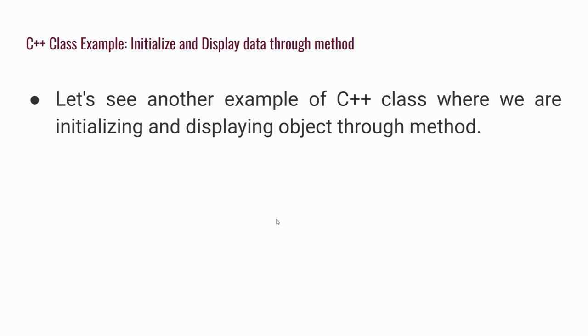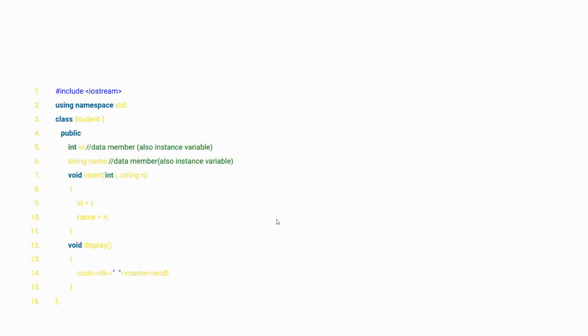Now we will see a C++ class example: initialize and display data through a method. We will see another example of a C++ class where we are initializing and displaying the object through a method. First, you create a class having public variables int id and string name.